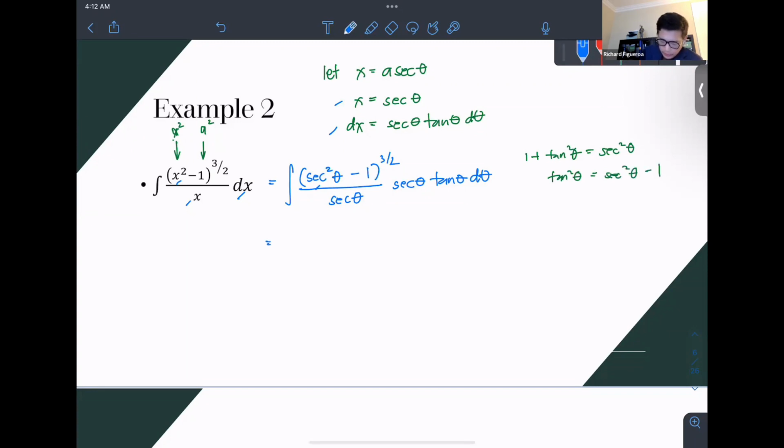So we can make that the integral of tangent squared theta raised to 3 over 2, and we can cancel out secant theta and secant theta, multiplied by tangent theta d theta. The 2 and 2 cancel out, so that would just be tangent cubed theta multiplied with tangent theta d theta.